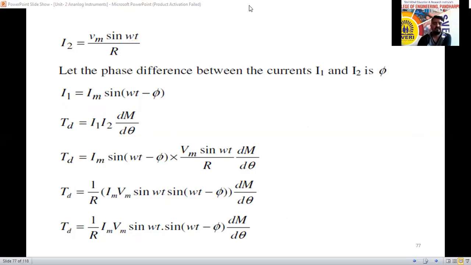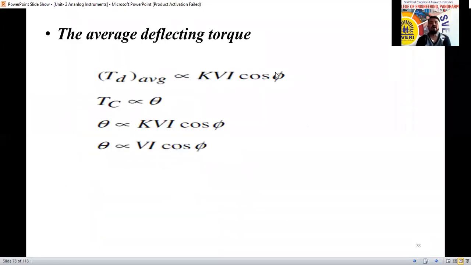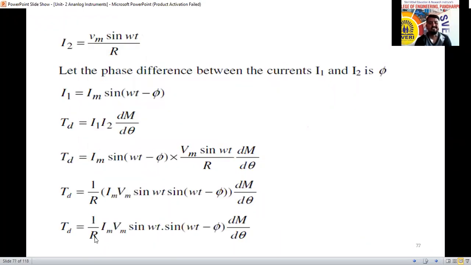The average deflecting torque we can write as TD directly proportional to K, where 1 by R, the resistance, is constant and considered as K. The average of sin(omega t minus phi) gives cos phi divided by 2.